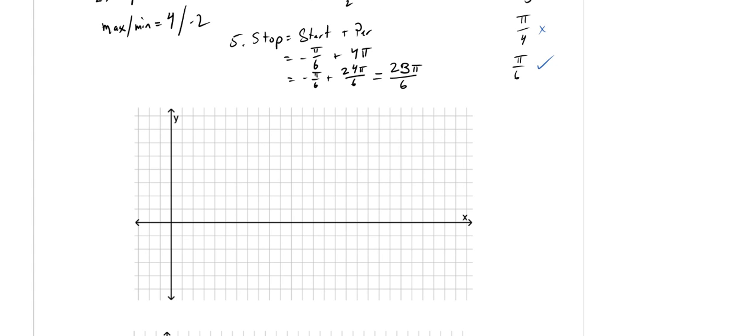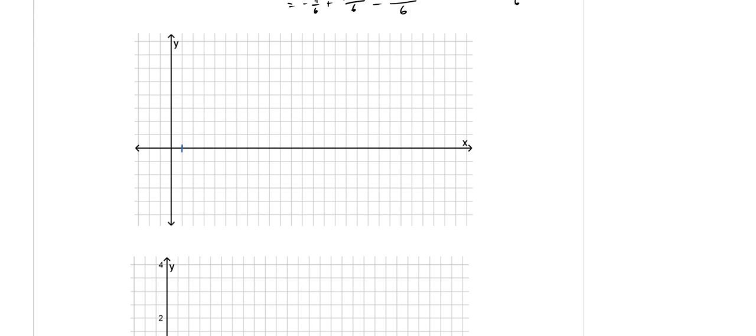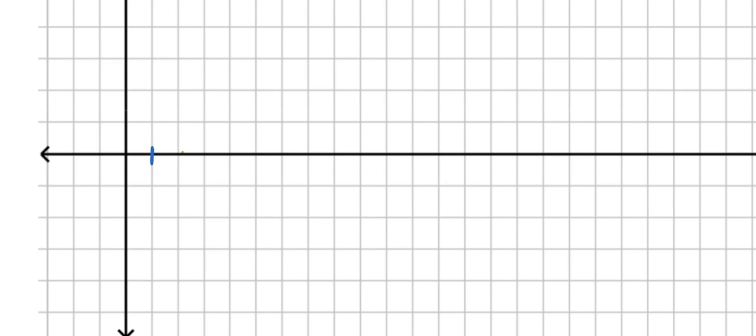Okay? All right. So I get 1 pi by 6, 2 pi by 6, 3 pi by 6, which is pi by 2. And then 4 pi by 6, 5 pi by 6, 6 pi by 6, which is pi. 7 pi by 6, 8 pi by 6, 9 pi by 6, which is 3 pi by 2. 10, 11, 12, which is 2 pi. 13, 14, 15 pi by 6.